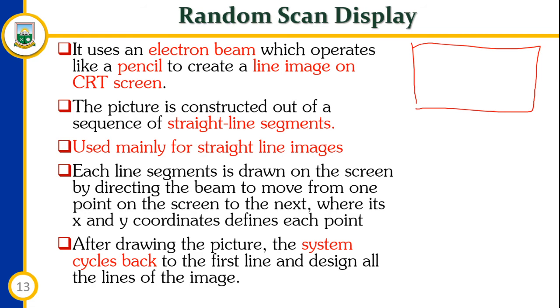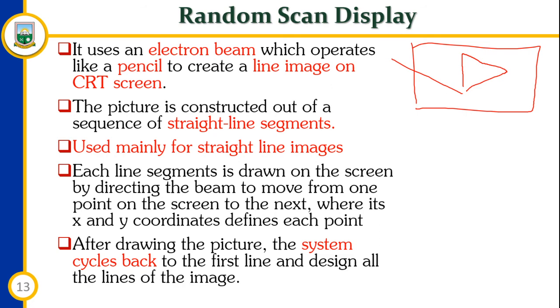For instance, if you want to draw a triangle, we have an electron beam which operates just like a pencil that hits the starting point of the creation of the shape. Then once we are there, we move on to the other parts of the shape to complete it.